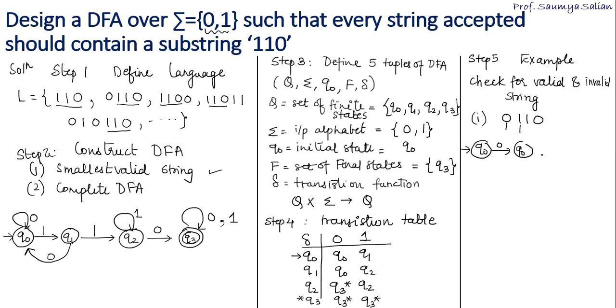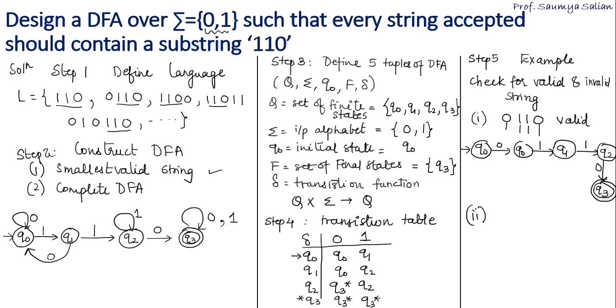Next input is 1. Q0 on 1 goes to state Q1. Next input is 1. Q1 on 1 goes to state Q2. Right? Next input is 0. Q2 on 0 goes to state Q3, which is final state. Now this justifies a string which is valid since it is reaching final state at the end.